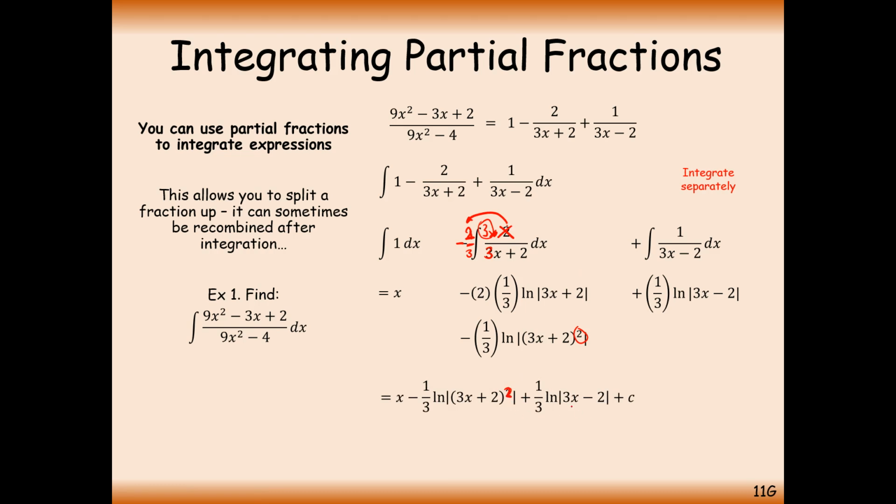Because we can apply the logarithm rules. Here we have a negative and here we have a positive in front of the log. That means that we can put 3x plus 2 to the power of 2 down here in the denominator, and write it as simply just one log.